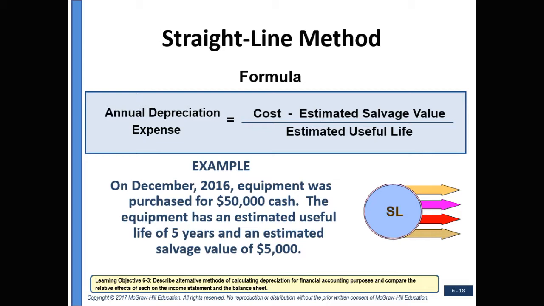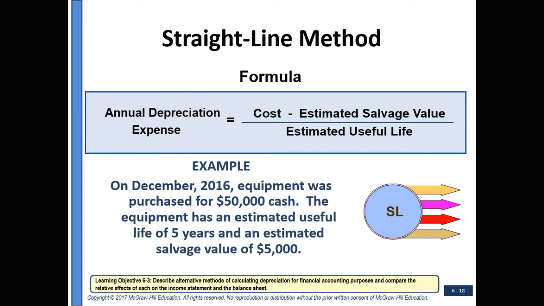So for example, in December 2016, equipment was purchased for $50,000 in cash. The equipment had a useful life of 5 years and an estimated salvage value of $5,000. Just take a second and populate this equation using this information.